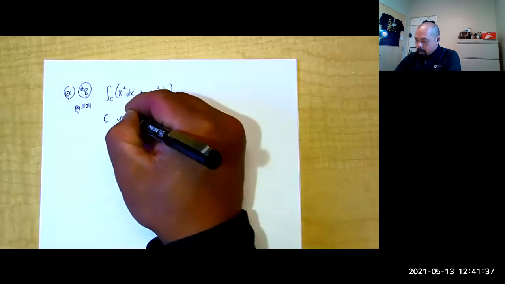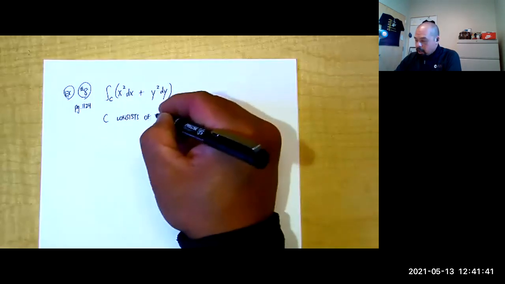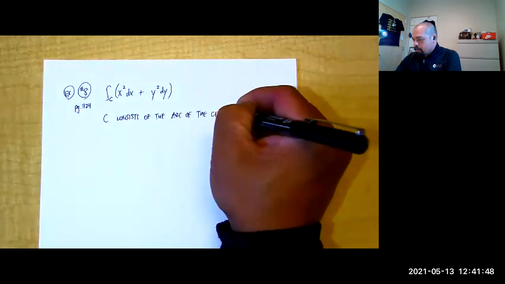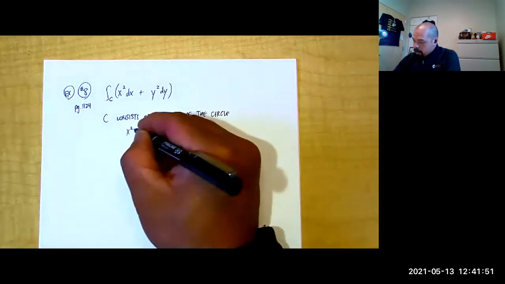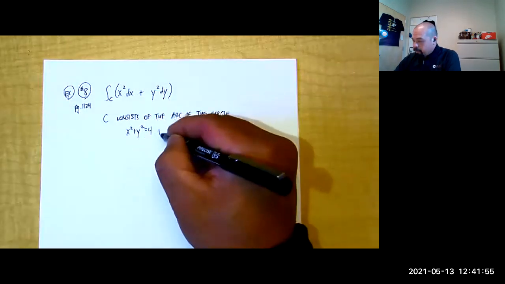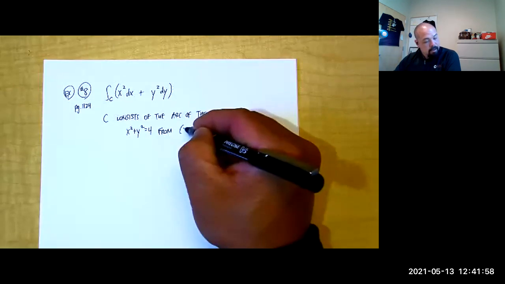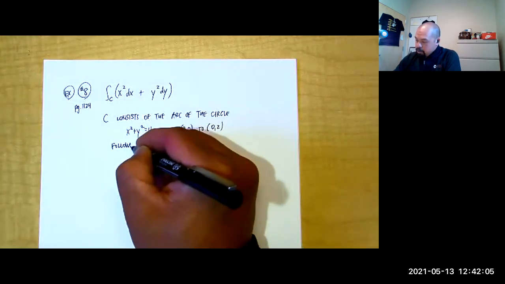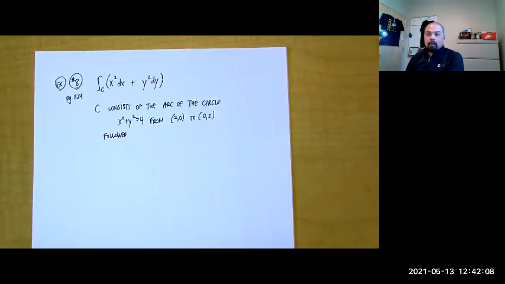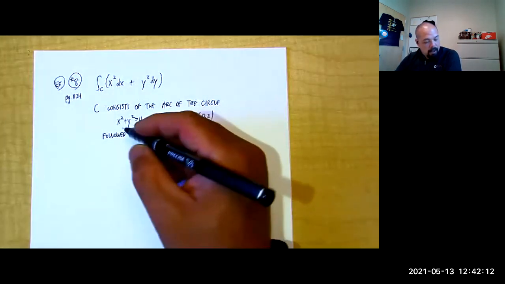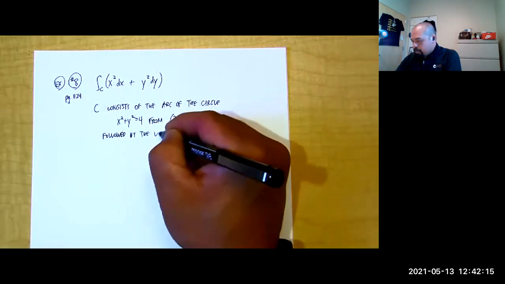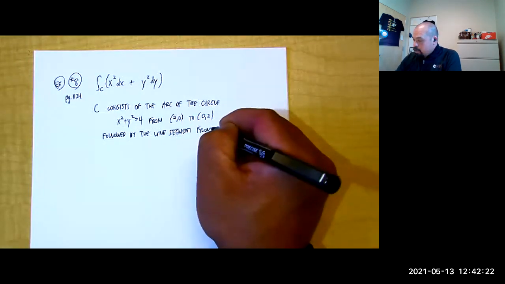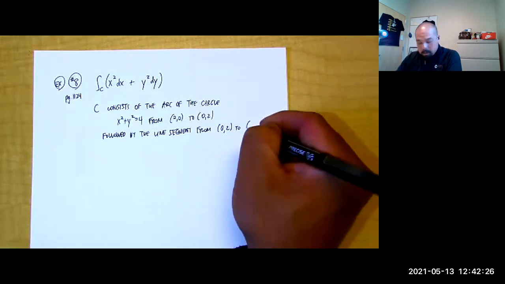And then C consists, following the wording of the textbook, consists of the arc of the circle x squared plus y squared equals 4 from the point (2, 0) to the point (0, 2), followed by, right, because now we have these two different segments, portions, piecewise defined curve, if you will, followed by the line segment from (0, 2) to (4, 3).